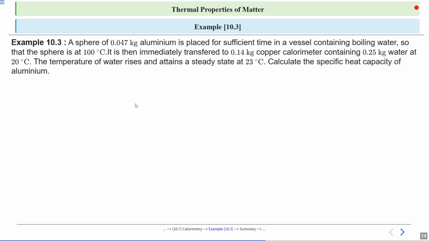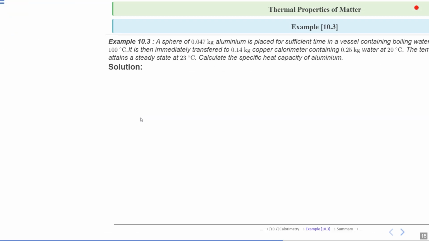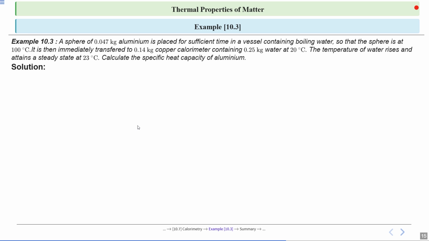The temperature of the water rises and attains a steady state at 23 degrees Celsius. Calculate the specific heat capacity of the aluminum. So in this question, you have to find out the specific heat capacity of the aluminum. All right. Please solve this question or think about it. Let's see the solution.